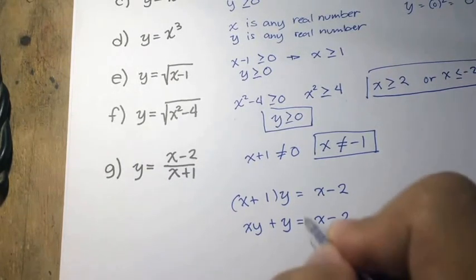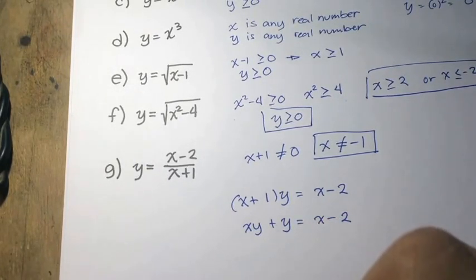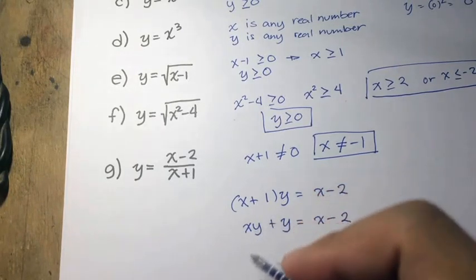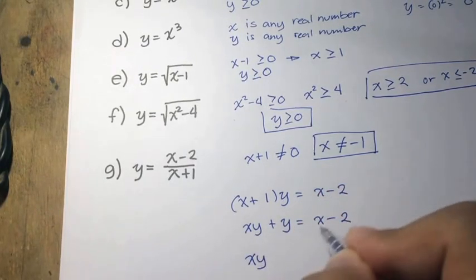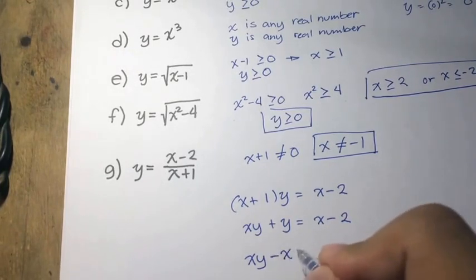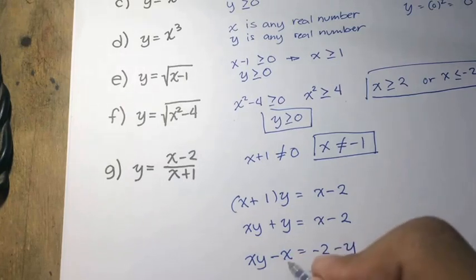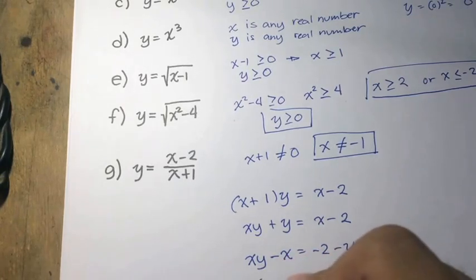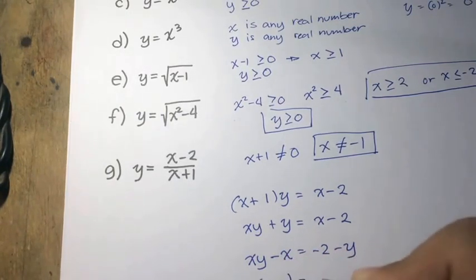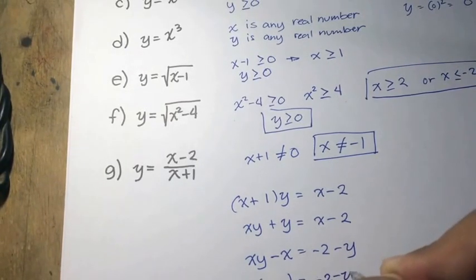And now, let's see. Let's transpose x to the other side and transpose y to the other side. And then let's take out the x. Y minus 1 is equal to negative 2 minus y.